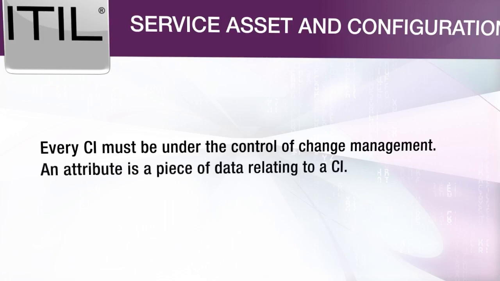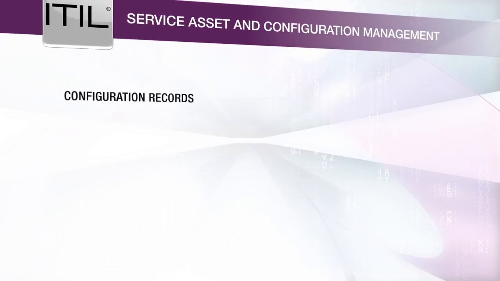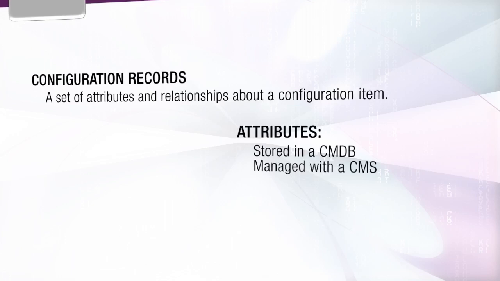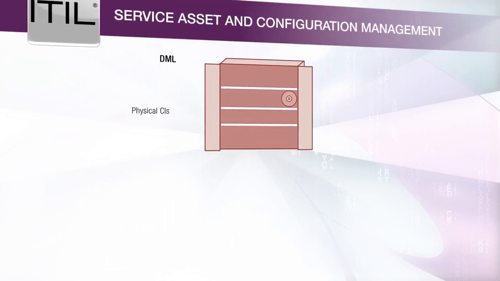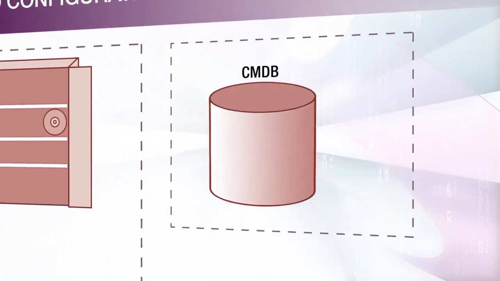An attribute is a piece of data relating to a configuration item. Examples could include serial numbers, memory size, or owner. A configuration record is a set of attributes and relationships about a configuration item. Configuration records are stored in a configuration management database or CMDB and managed with a configuration management system or CMS. It is important to note that configuration items are not stored in a configuration management database.